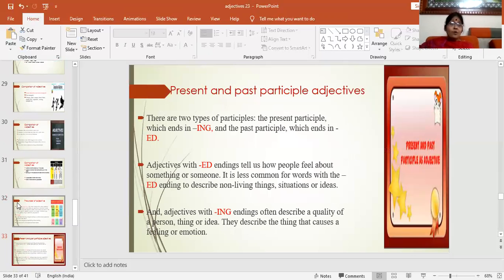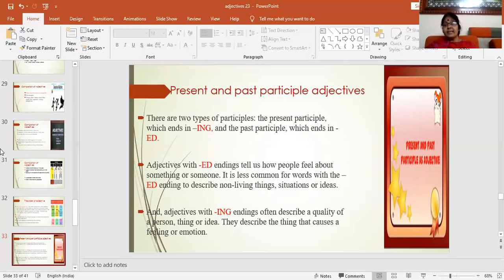Now, we know that not only this, adjectives also function as present participle adjectives and past participle adjectives, right? So, we have 2 types of adjectives which we have learnt in our earlier classes, participles. So, we'll just brush up with that. There are 2 types of participles, that is the present participle which ends in ing form and the past participle which ends in ed form.